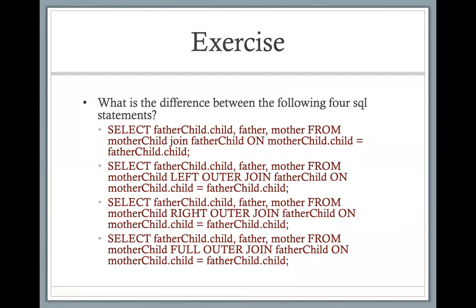Now let's look at these 4 queries, and we'll see the difference between them. So I have select father child dot child, father and mother from mother child join father child on mother child dot child equal to father child dot child. This is the first query. What type of join is this?